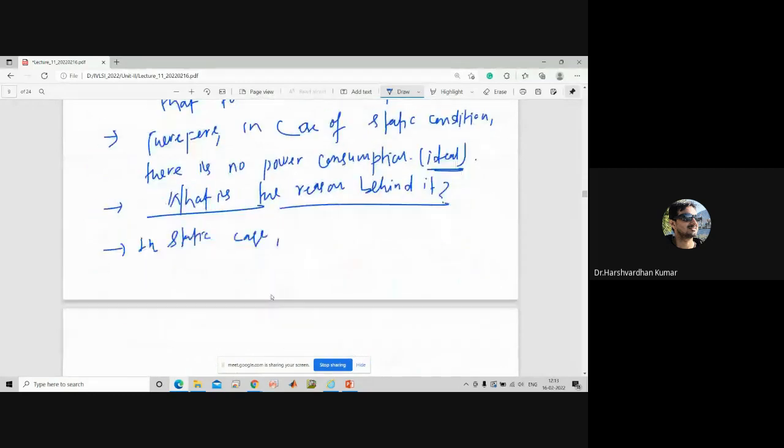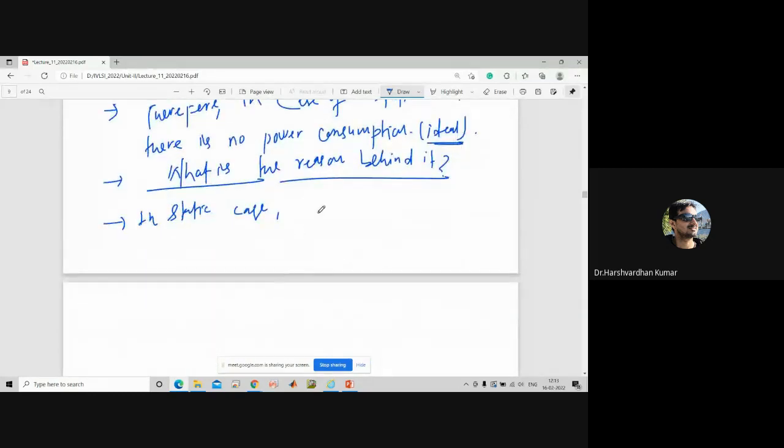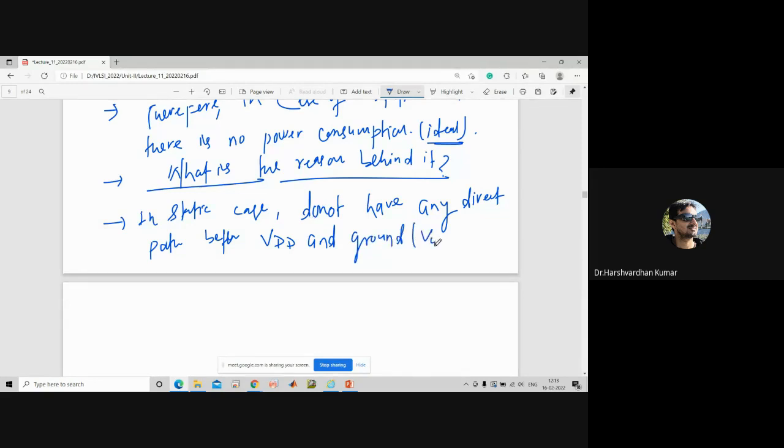So what happens in a static case is that you do not have any direct path between VDD and ground.